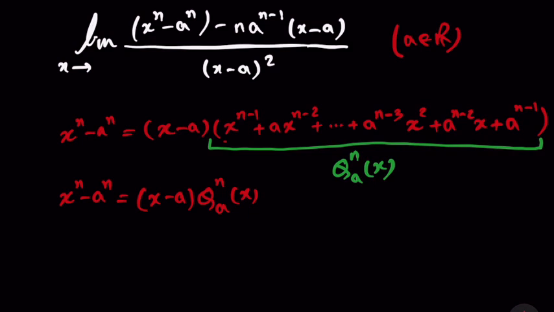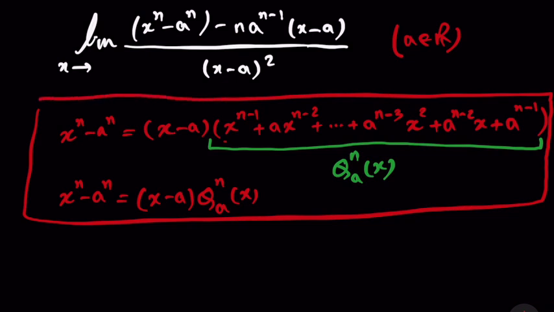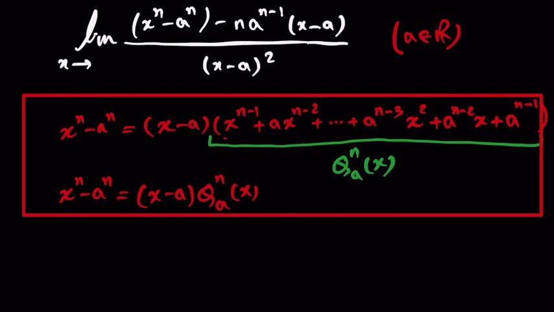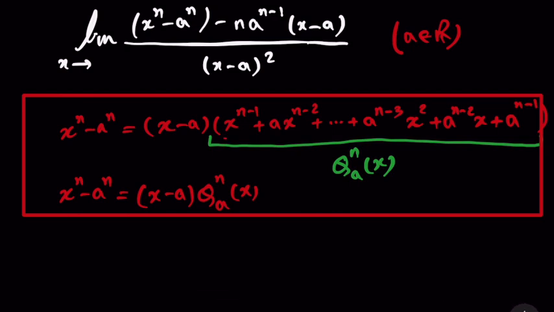Okay. Let's keep this identity here. So the limit is, now let's simplify the limit using this identity.